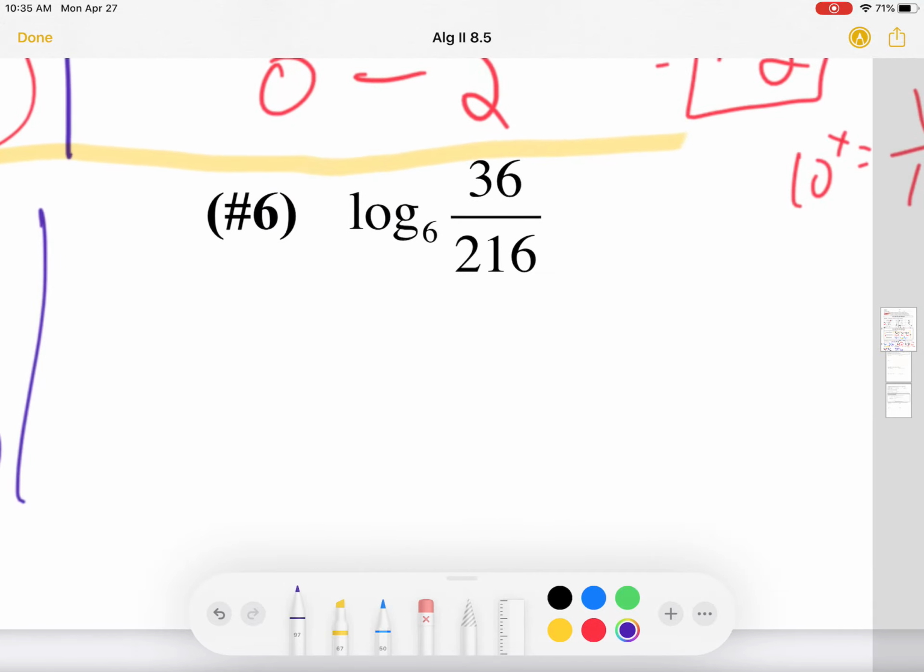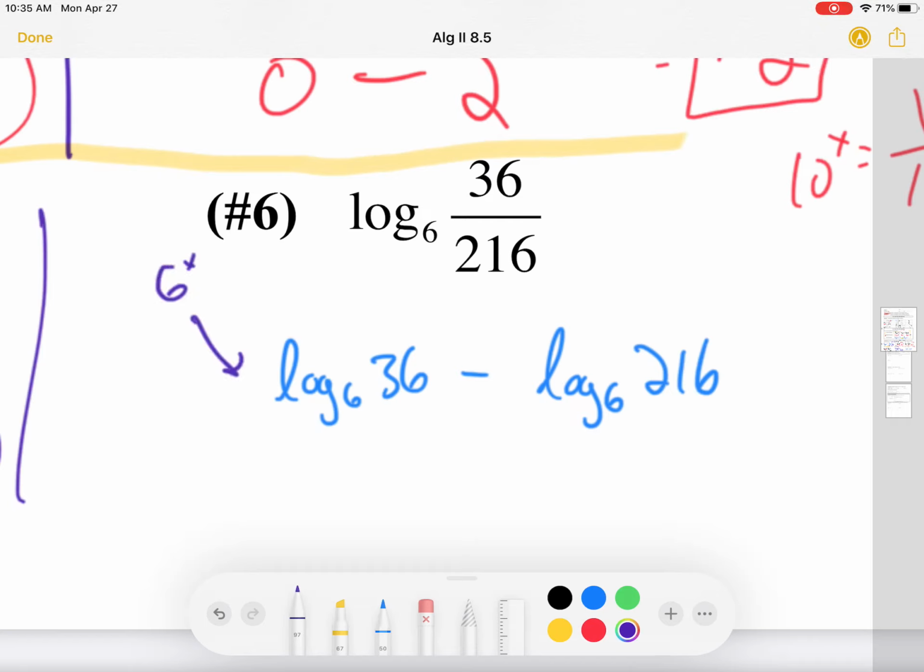Okay, last one here. We are dividing. So when I divide and pull it apart, it becomes subtraction. So I have log base 6 of 36 minus log base 6 of 216. This is saying 6 to what power is 36?